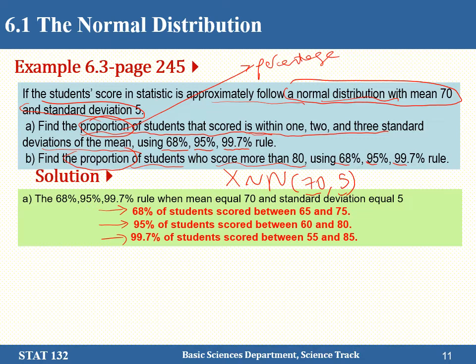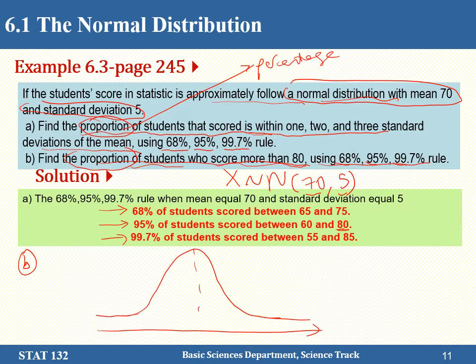And let's come to part B. Find the proportion of the students who score more than 80 by using these rules. Now, where is 80 here? So let's try to do it with the area under the curve.